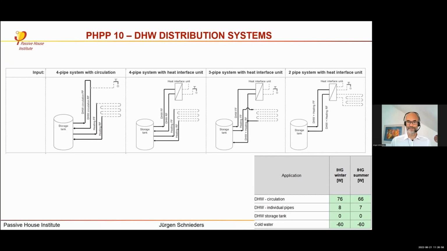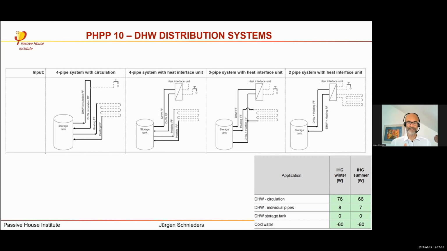And if we use heat interface units with 4 or 3 or 2 pipes, we have the chance to reduce the return temperature and thus reduce the circulation losses, apart from the fact that 2 pipes obviously have lower losses than 4 pipes. So this can now be modeled without using any workarounds directly in the PHPP.